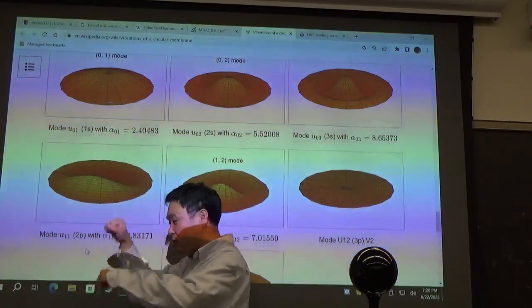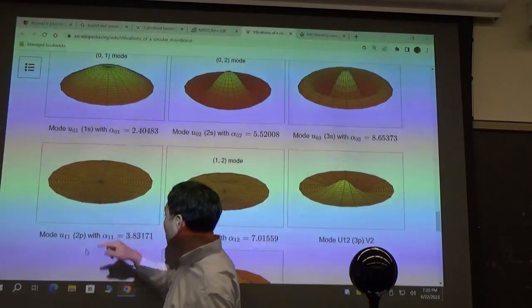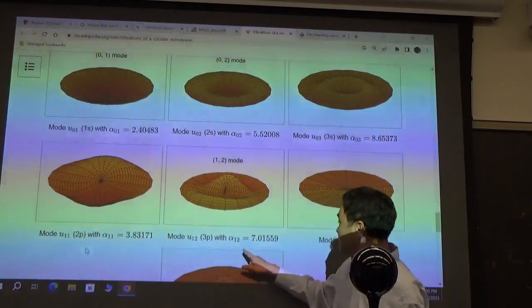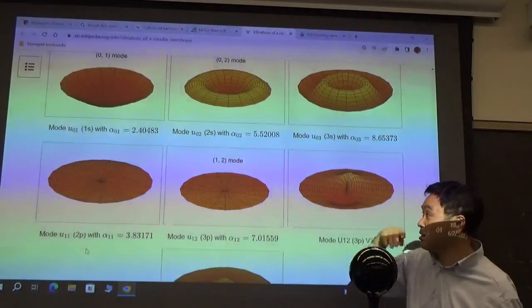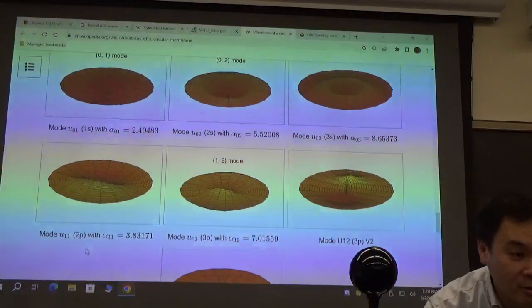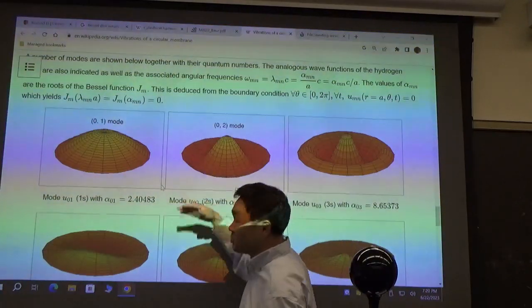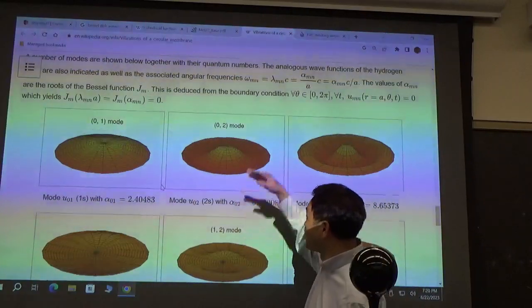So when it goes up and down, this middle point doesn't change. So anything that has n equals to 1, those will have the 0th part staying there. On the other hand, these ones are n equals to 0, and J0 has a non-zero value, right? So the middle part will go up and down.